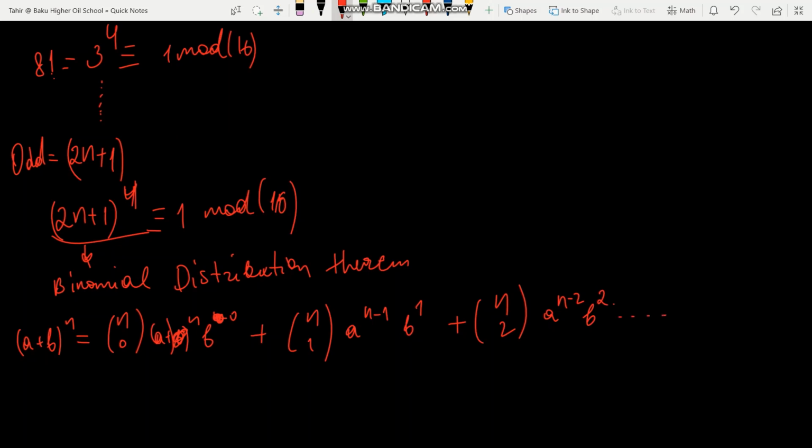And this will continue till the combinations n choose n, with a to the power 0, because b reaches its maximum n.